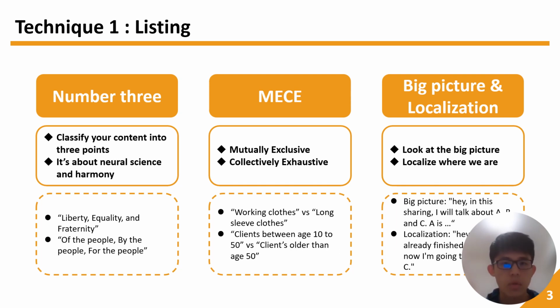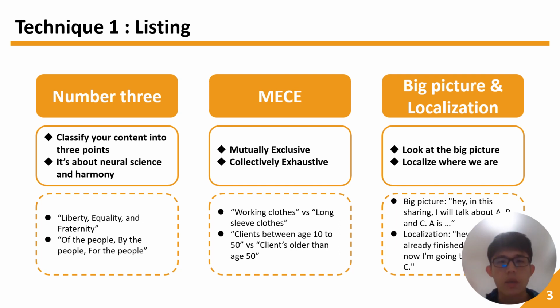So for example, if you want to classify the clothes in your drawer into two groups, the first group is for clothes for working, and the second group is for long sleeve clothes. How do you think about this?